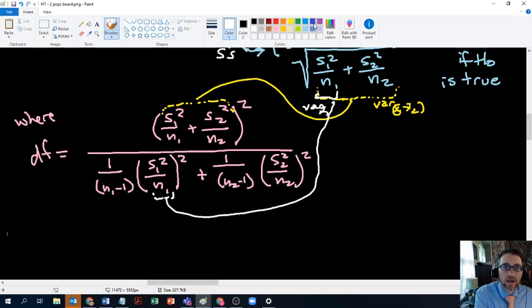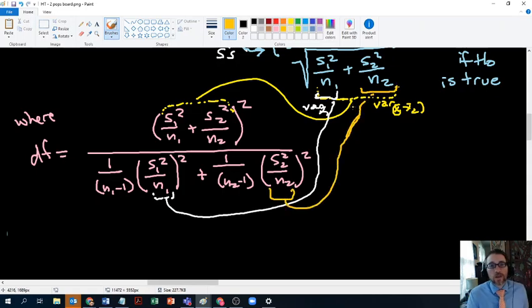And then over here, this thing right here is the same as this thing right here. That's the variance of x bar 2. We're reusing some parts. That'll save you a little bit of calculation. It's not going to save you a ton of time, but better not to have to recalculate if you don't have to. Mostly you just have to be careful, take your time, make sure you do the thing right.